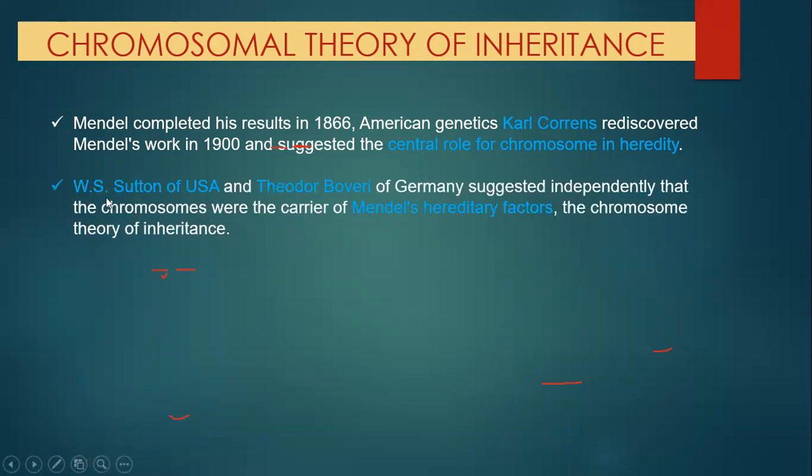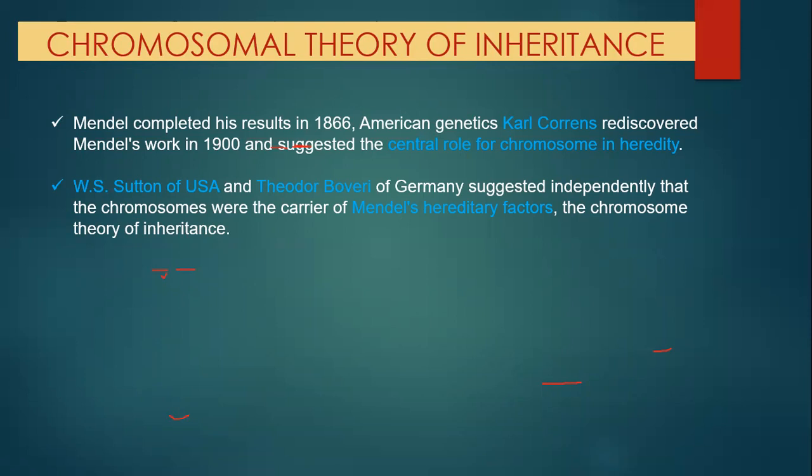So he indicated the role of chromosomes in heredity. Then W.S. Sutton of the USA and Theodore Boveri of Germany suggested independently that chromosomes were the carriers of Mendel's heredity factors, which is called the chromosomal theory of inheritance. They suggested that the factors Mendel described are actually located on the chromosomes, and together they perform the same function.